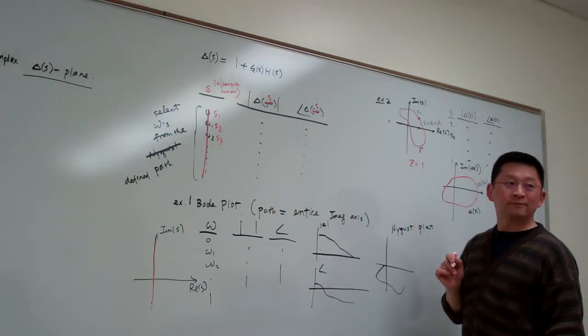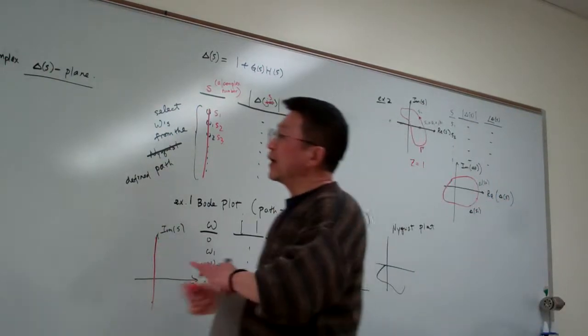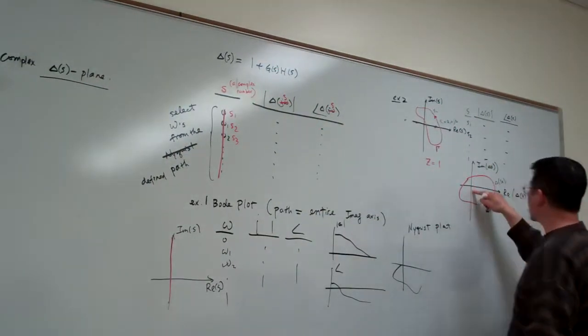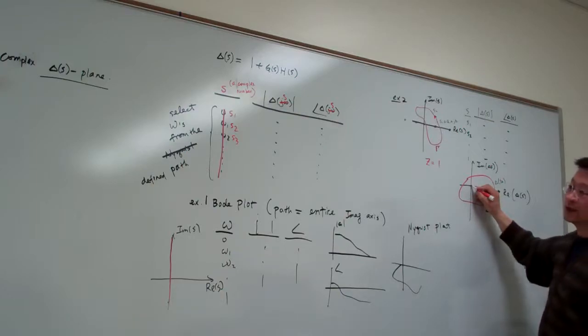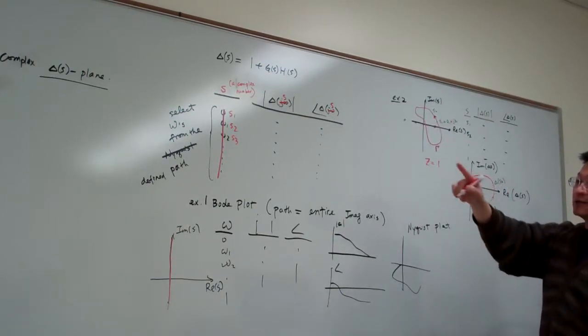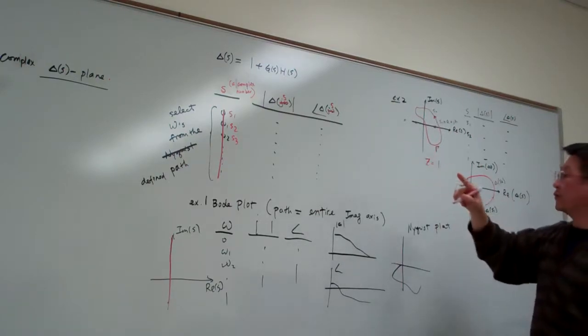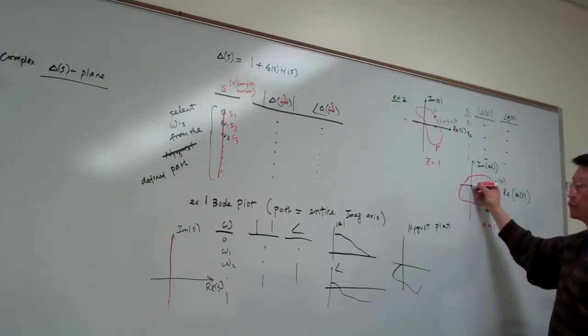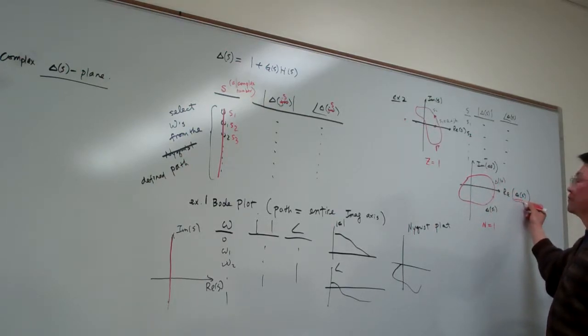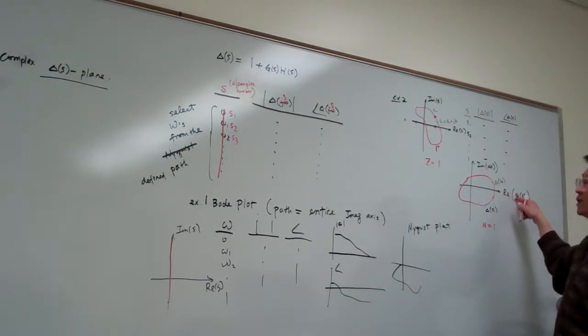Be good? Okay. And so for this example, in counterclockwise, this is the origin. So in this case, the N will be equal to 1. The definition is the number of the encirclements in counterclockwise of the origin. Origin of which plane? This plane. Okay, the complex plane for these functions.